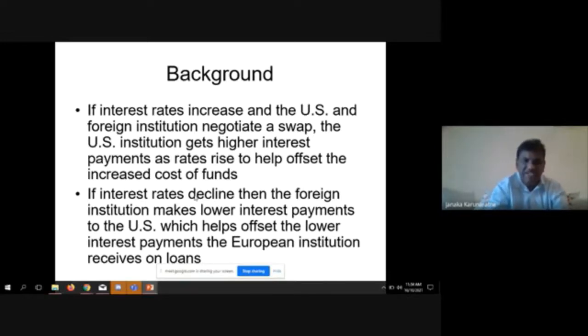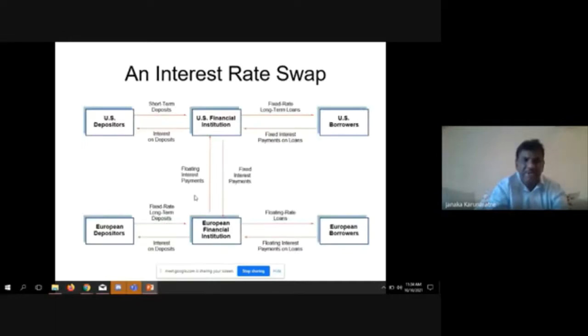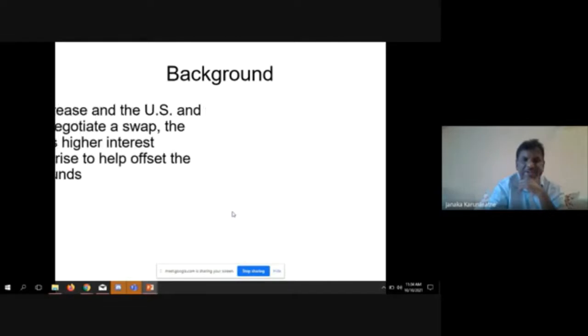Because interest rates rise, what happened? He will get higher interest cash flows because of what? Floating rate, and gives fixed rate. Right? If the interest rate drops, what happens?